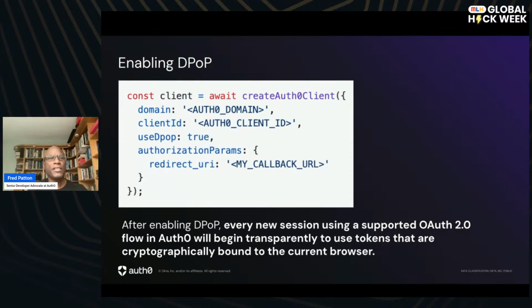So how do we actually use this? Looking at the Auth0 APIs, you're basically just going to turn on DPoP, set DPoP to true, put your callback URI, and then of course you're going to supply your domain and client ID.